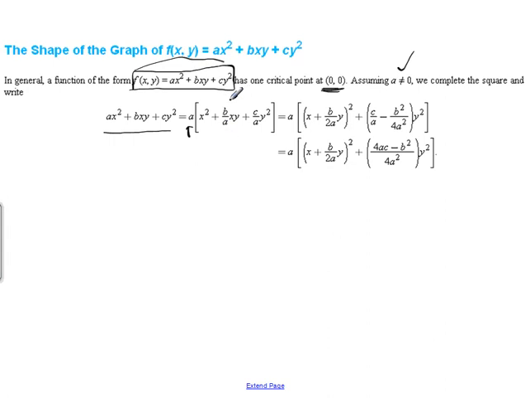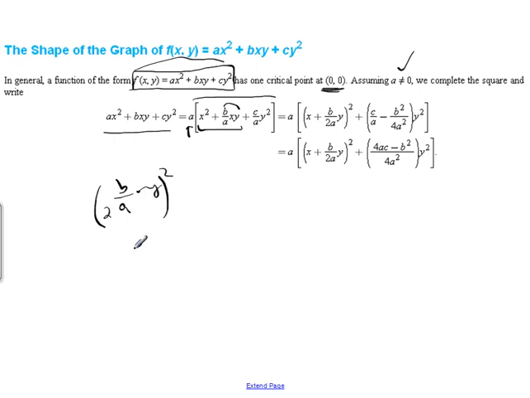And that's what we did in this step. We factored out an a. And then we're going to look at just the first two terms, and we're going to complete the square. So what we're looking at is taking b over a times y and dividing it by 2 and then squaring that, because that's how you complete a perfect square.